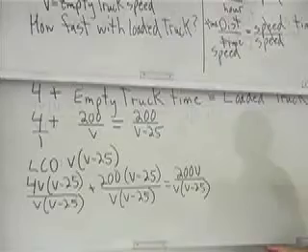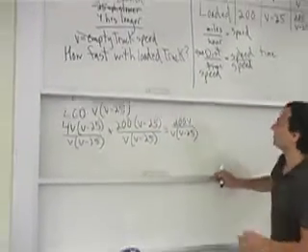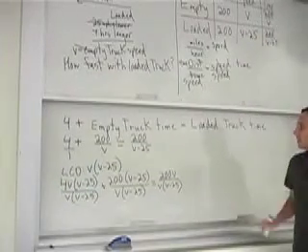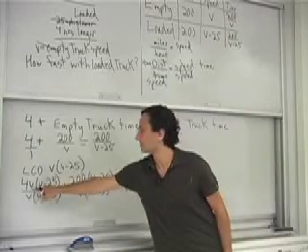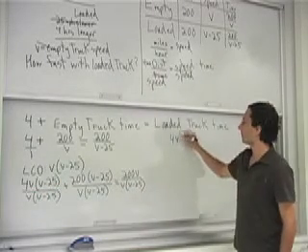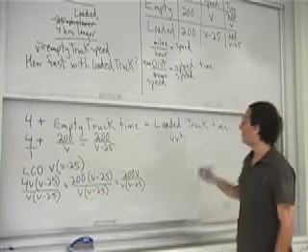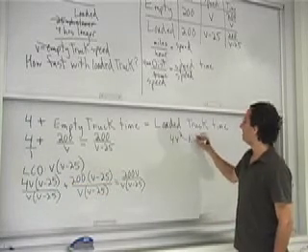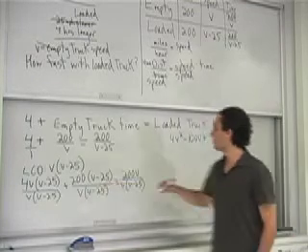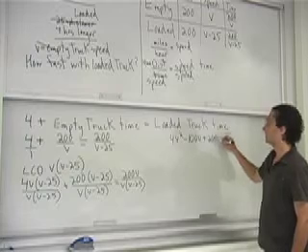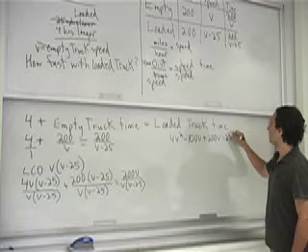Next step is we want to mush these guys together. Actually, let me do that over here. Mush these guys together so you get 4, let's see, this is really V squared, minus 25 times 4 times V, which is minus 100V, plus 200V, minus 25 times 200, whatever that is.